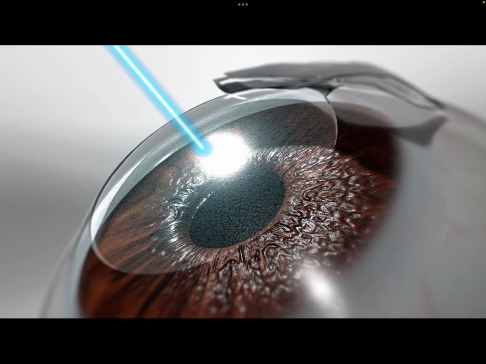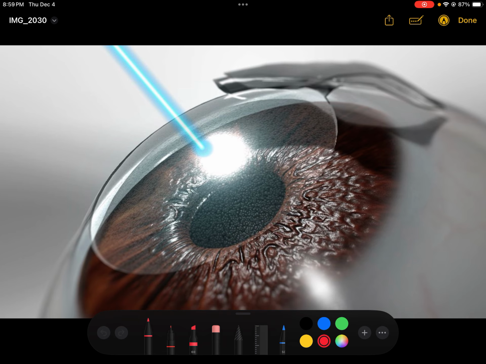LASIK. The full form of LASIK is laser assisted stromal in situ keratomileusis. By this procedure, the superficial corneal flap is lifted first, then the central corneal stromal bed is ablated by excimer laser.